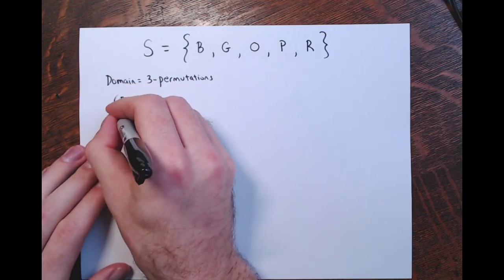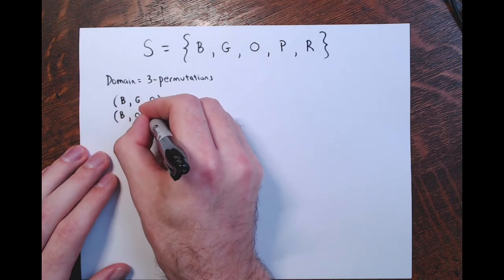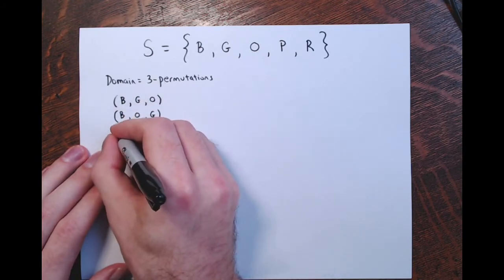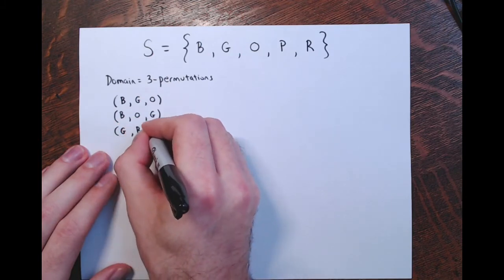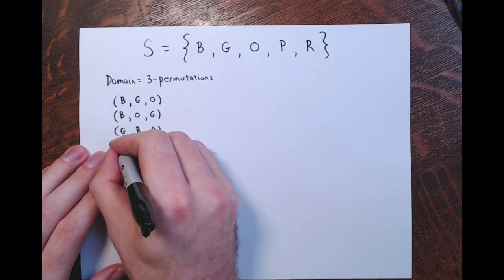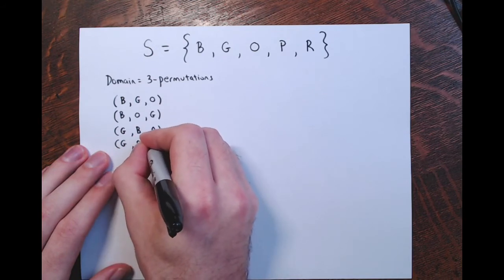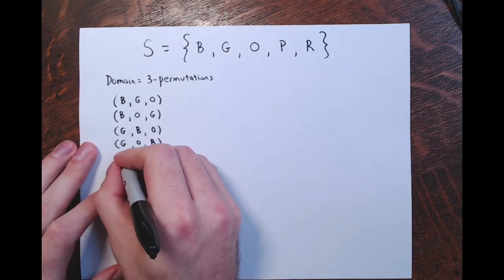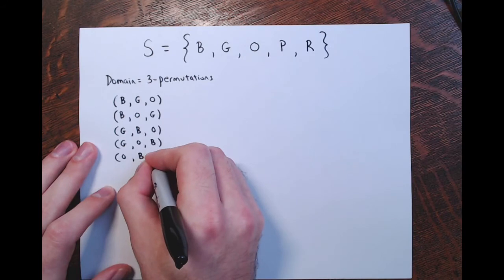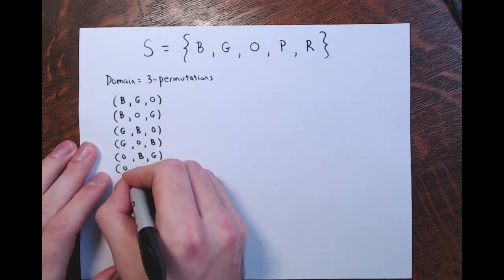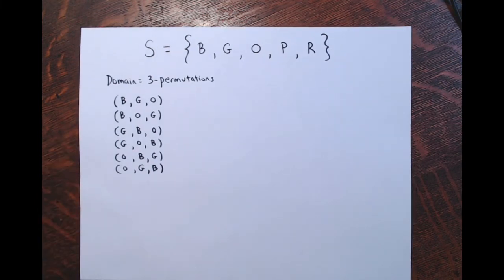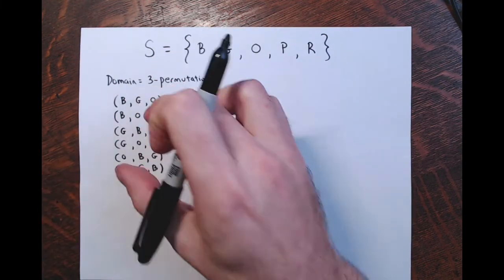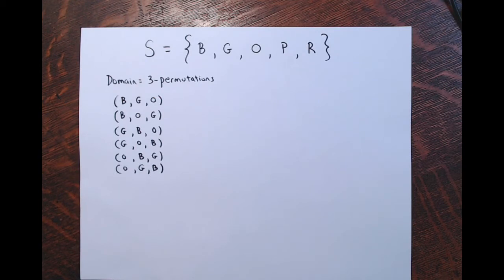So I could have this other sequence: B, then O, then G, then G, B, O, G, O, B, O, B, G, O, G, B. So all 6 of those have B, G, and O, and those are all different 3 permutations.